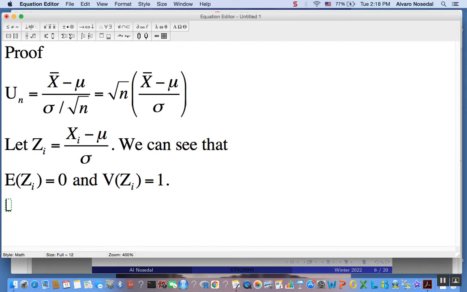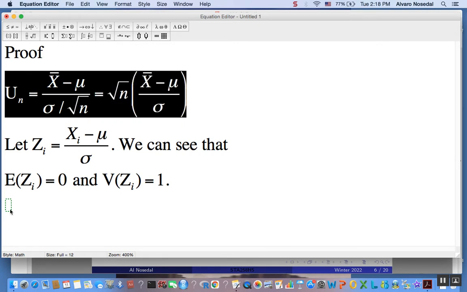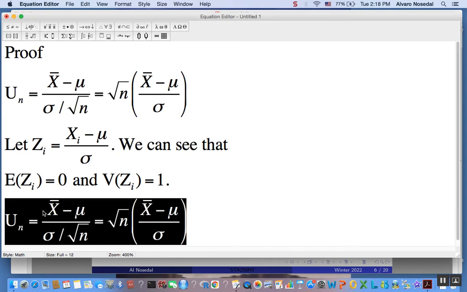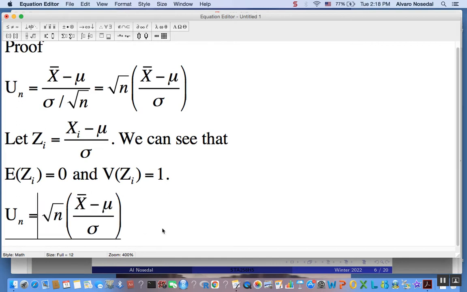Now, what we're going to do next is try to rewrite un in terms of the Zi's, these new variables that have a mean 0 and variance 1. So let me copy paste this, and just leave the second part.